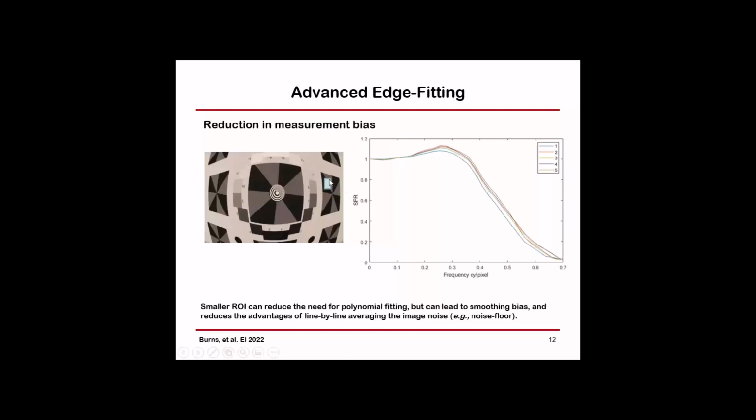So within this small region of interest, if we apply a linear fitting of the edge, it underestimates the SFR that we would get if we went higher. You can see I've done all 5 here, and it's relatively stable, and I guess you could make an argument whether the 4th or 5th would be the best.